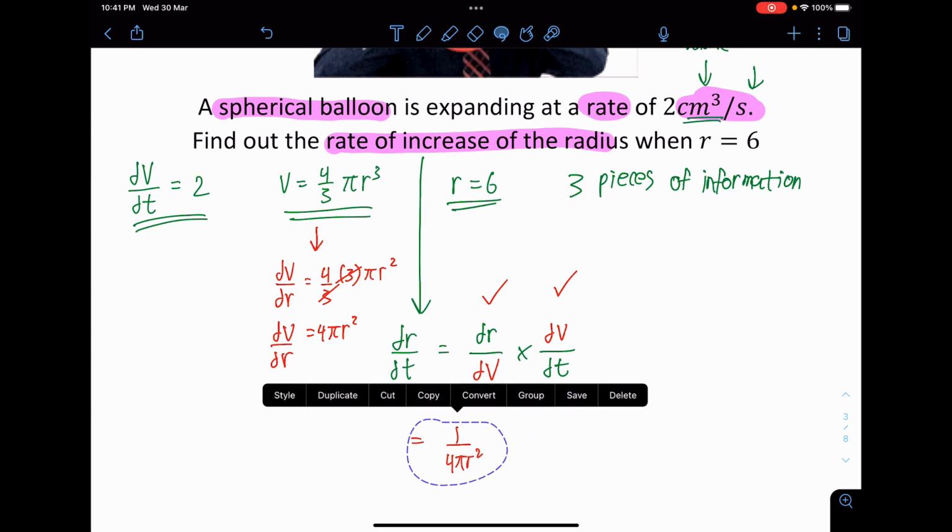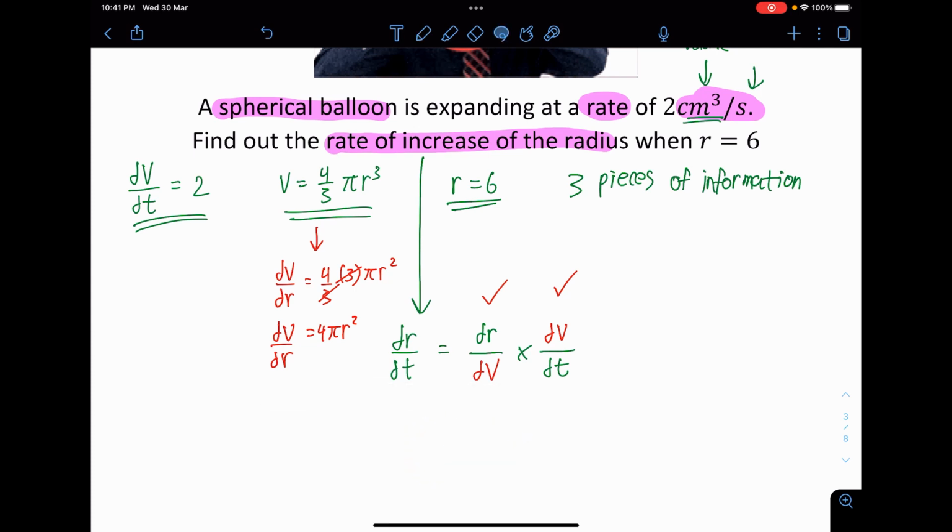Then how do we actually approach this question? I need to get dr over dv, but I only have dv over dr. So once you actually have this value of dv over dr, this means that I cannot use the formula that I've written over here right away. This is not allowed. I'll have to get another option to write down the formula.